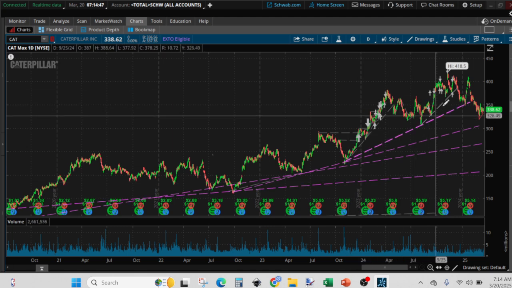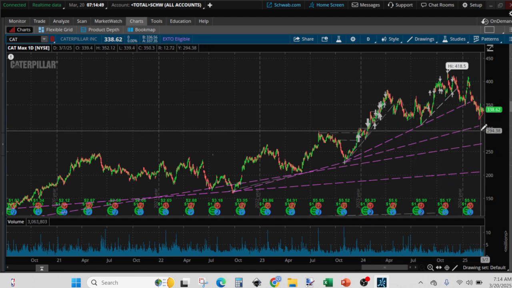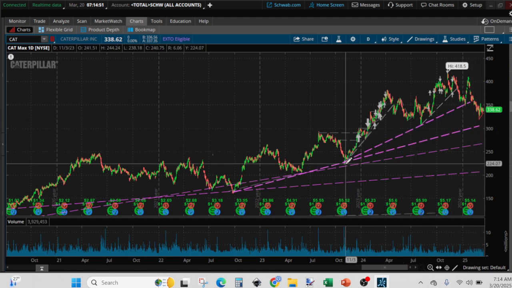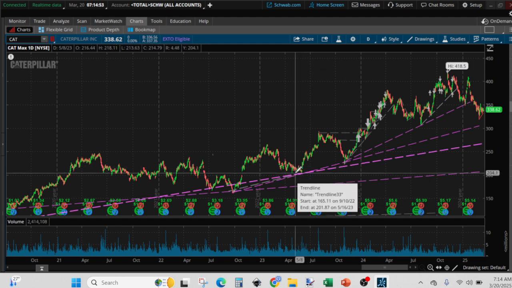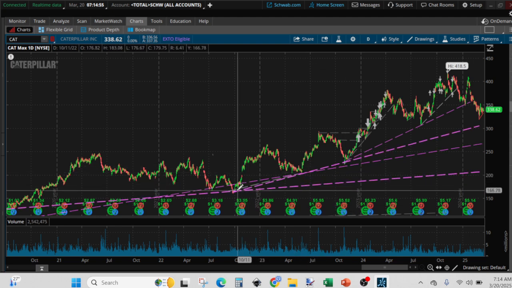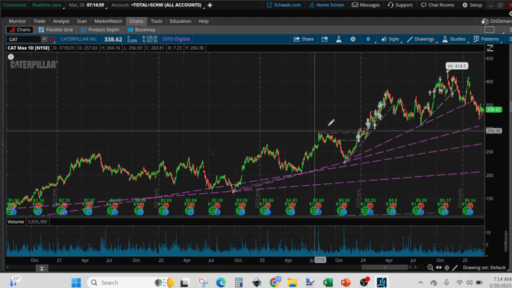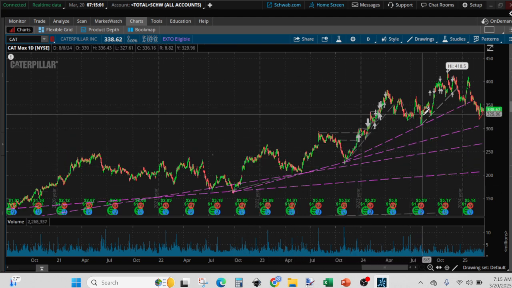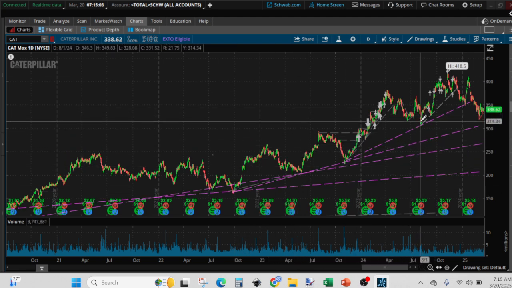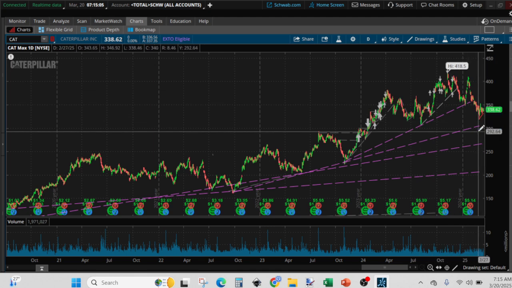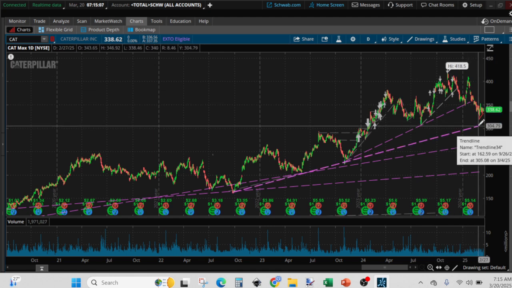Let me see. It came here, came down here, so it touched base with it here, here, here, and here. So this one went up and now it pulled back to this one.